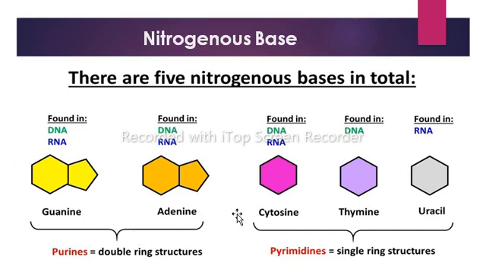Pyrimidines have a single ring structure. They include cytosine, thymine, and uracil, where uracil is present in RNA only instead of thymine. Cytosine is found in both DNA and RNA. Thymine is found in DNA and uracil is found only in RNA.